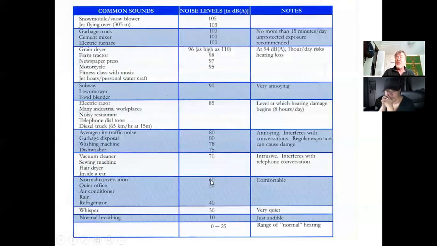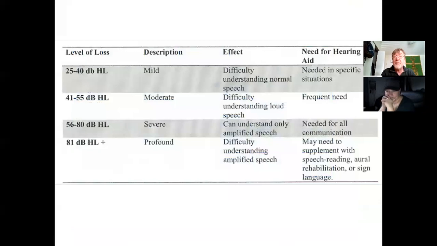Normal conversation, 60 to 70. Quiet office, they're saying 50. Basically, remember, ambient room noise, 35 to 40. A whisper, about 50. Average conversational speech, 65, 70. Yelling, 80 to 90. The cutoff for noise-induced hearing loss, 85 dB SPL for 8 hours a day.